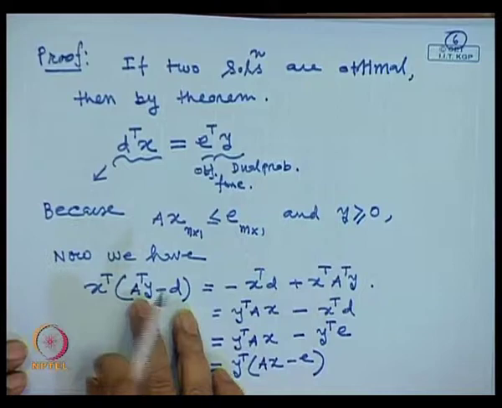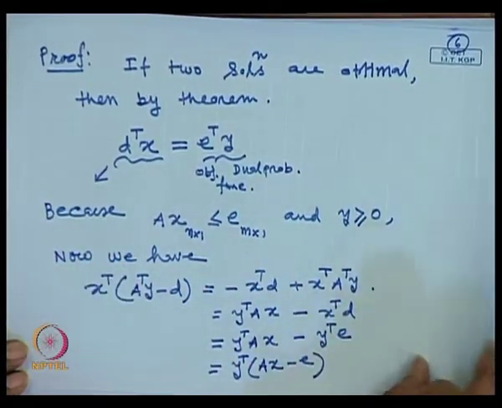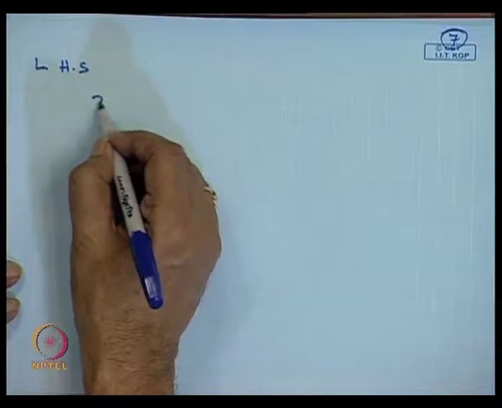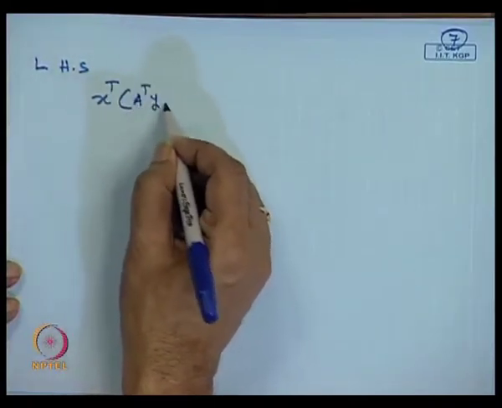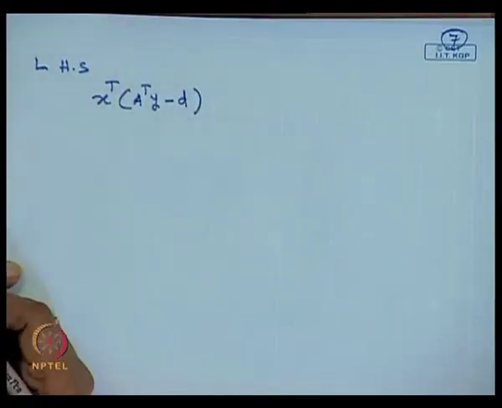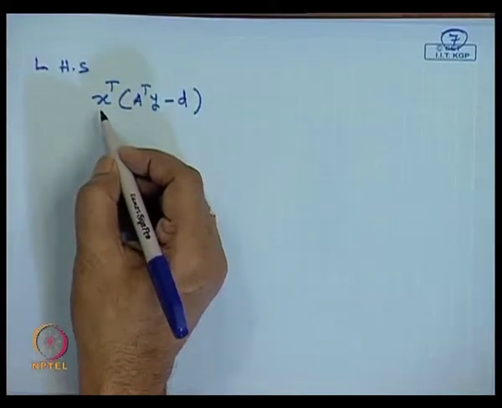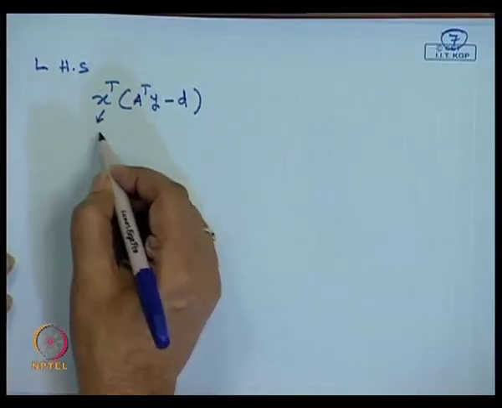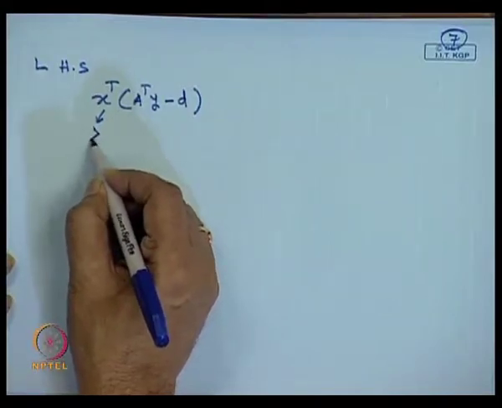Now, look at this expression individually, the left hand side and right hand side. See the left hand side: x transpose A transpose y minus D. What can you write? X is all the decision variables in the primal problem, and each element of x, there are n variables, is greater than or equal to 0.